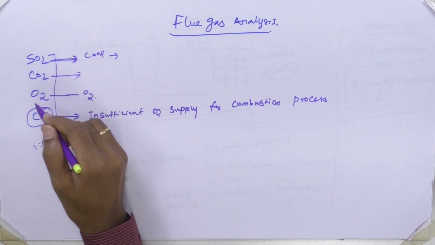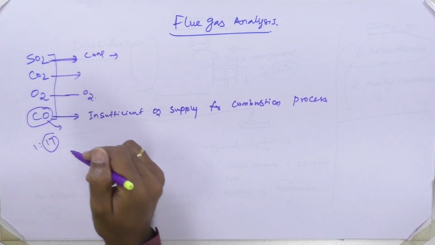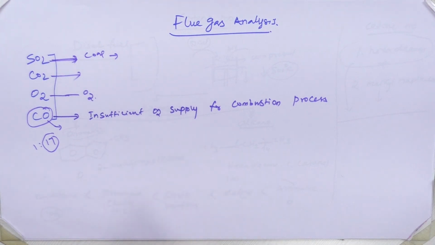So this is all about the information that can be obtained from the analysis of flue gas. I conclude that flue gas analysis is very helpful to tell us about the quality of automobile exhaust. Depending upon the quantum of elements present, we can tell about the quality of fuels. If more sulfur is present, it gives a warning signal. We have to remove the sulfur, because sulfur is one of the toxic pollutants.